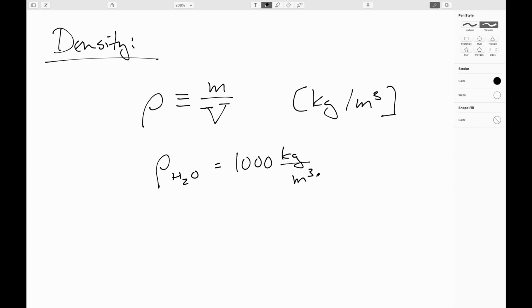In fact, the earliest definition of the kilogram was based on this. Actually, it's the definition of the gram. So originally the gram was defined as the mass of a cubic centimeter of water. So the density is 1 gram per cubic centimeter. And that was the initial definition.